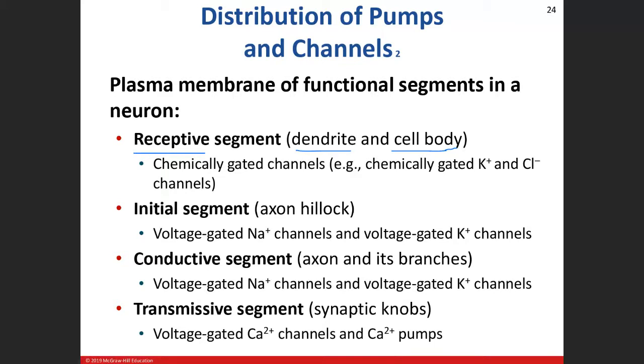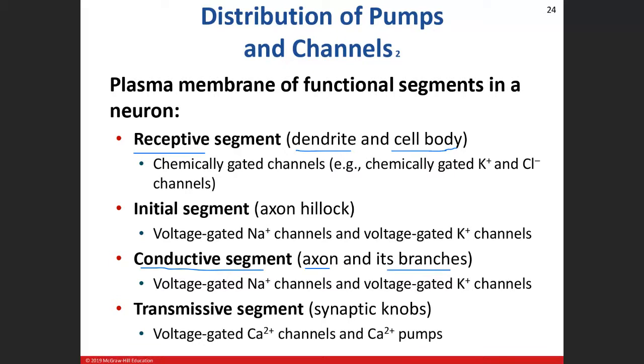The axon and the teledendra are referred to as the conductive segment. They transmit that action potential in one direction only, away from the cell body, down to the synaptic knobs. That includes the axon, any axon collaterals, and the teledendra.